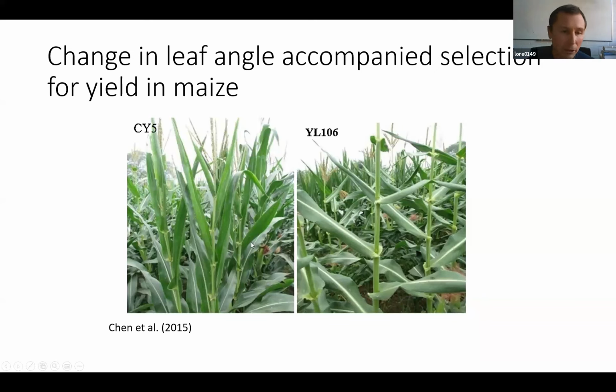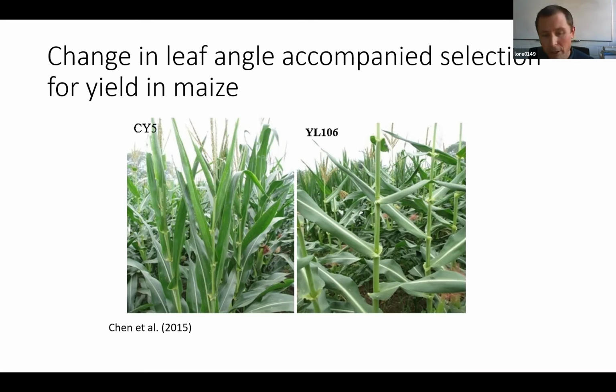And what this allows them to do is it allows farmers to plant more plants closer together in the field and still get that light distribution throughout the whole canopy, so the plants are being efficiently used in terms of their sunlight capture. And that's really been the case in maize, where most of the gains in corn yield or maize yield have been made through the ability of planting more plants more closely together, and those plants being able to tolerate those high density planting conditions as opposed to older varieties of maize.